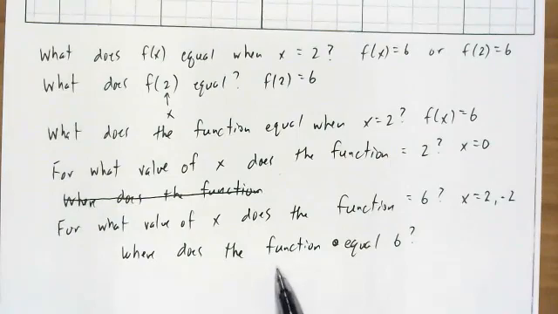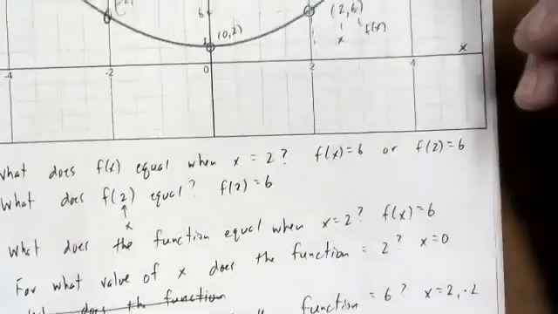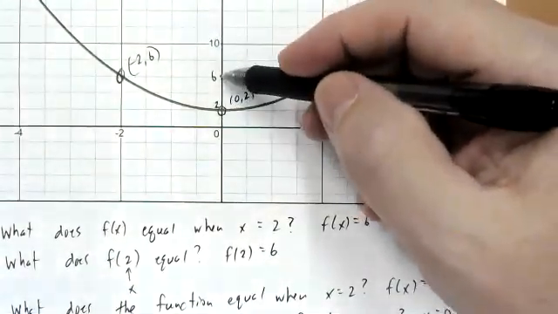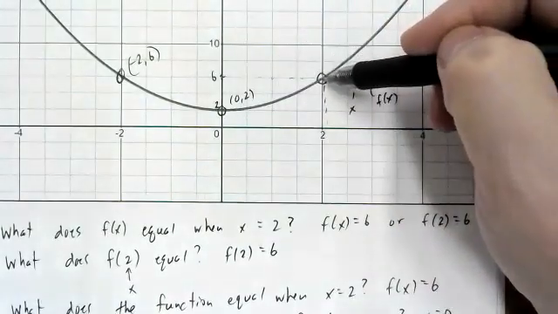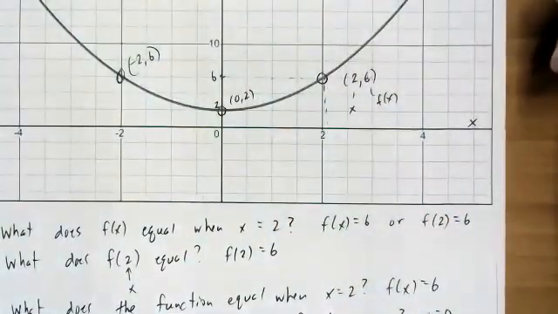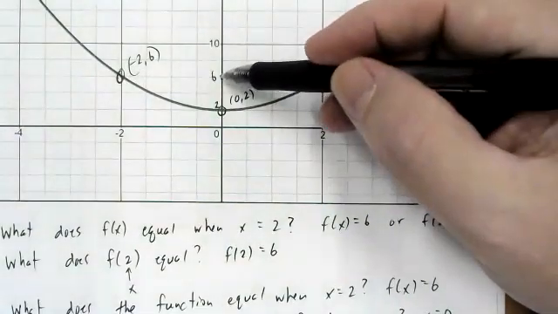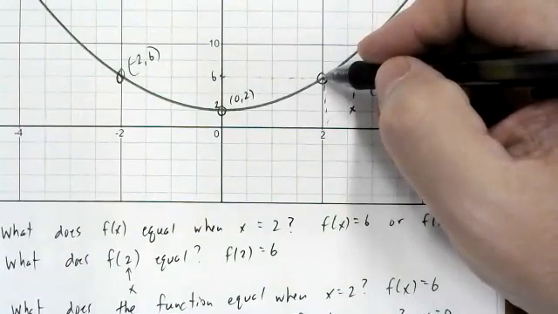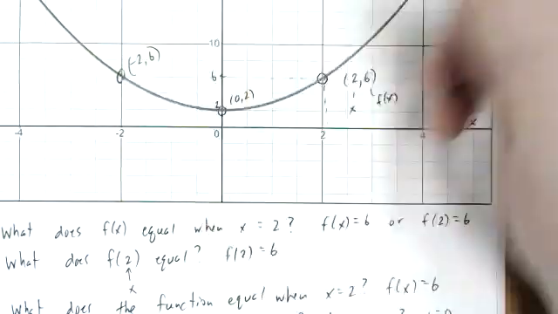So for this question, where does the function equal 6? You would go to your graph, you'd go on the vertical axis where the function is 6, and then you would find all the points on your graph where the function is 6. So when they say, where does the function equal 6? Well, it's at this point and at this point.